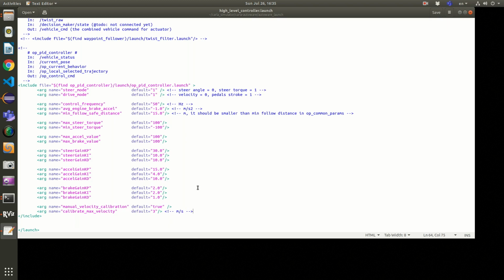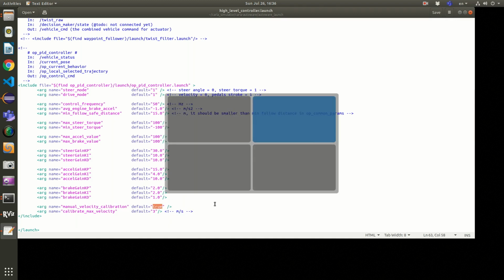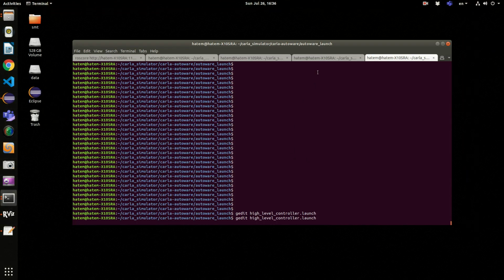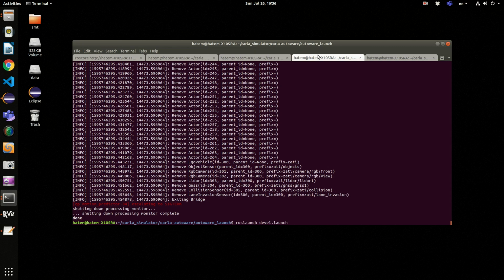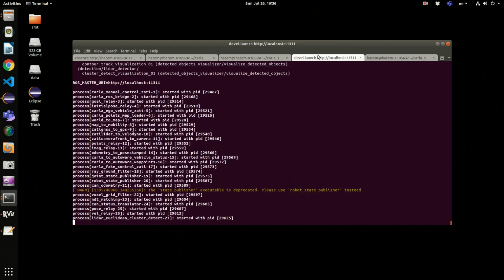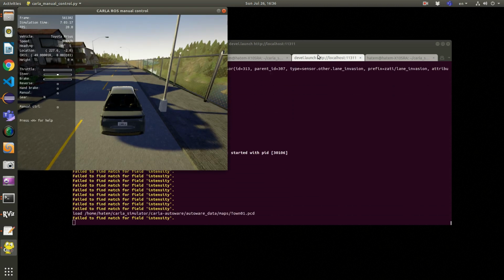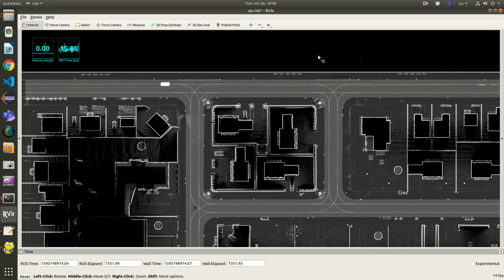So let's check what will happen if we try to calibrate with 3 meters per second velocity. I enable this and save, and then run all the launch files for the Autoware stack. It will launch, and we wait until we have localization and set the goal point.